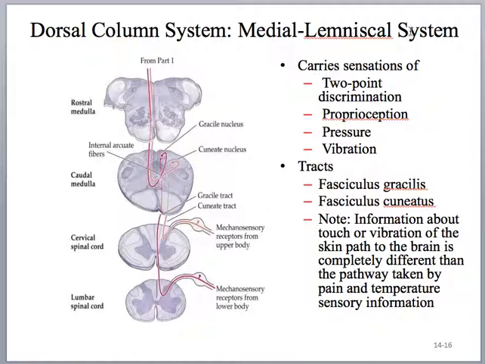And so the tracts associated with this information, depending on the segment, will be either the fasciculus gracilis or fasciculus cuneatus.